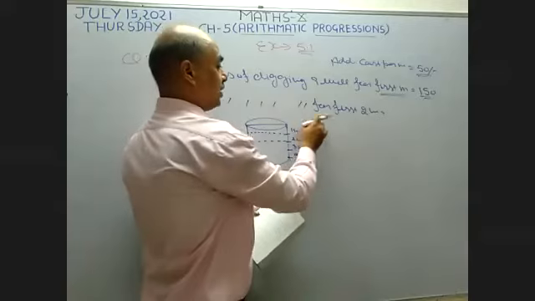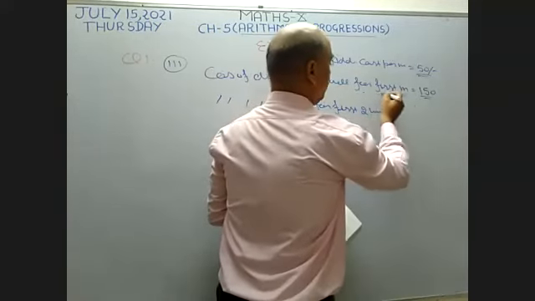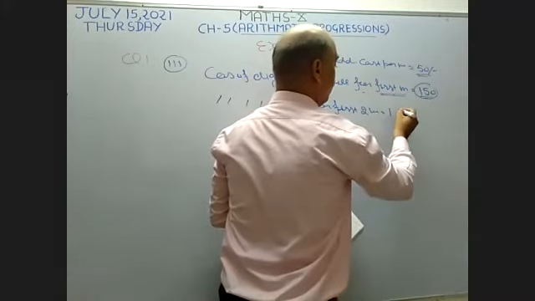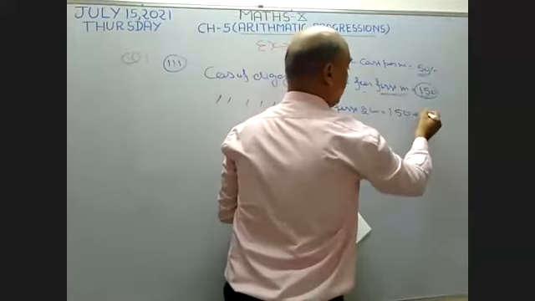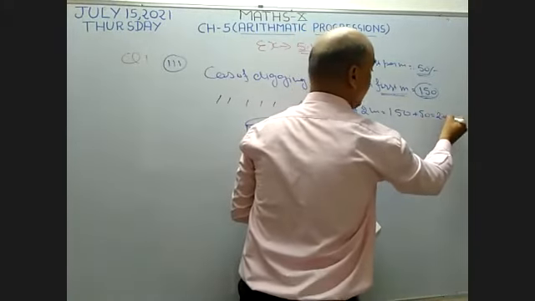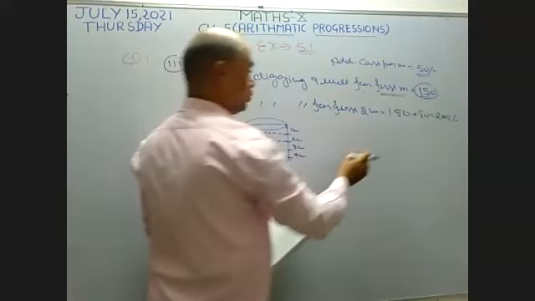Now I want to check the cost of the first 2 meters. For the first meter he is going to pay rupees 150. For the extra meter he is going to pay rupees 50. So in total he is going to pay rupees 200 for the first 2 meters.